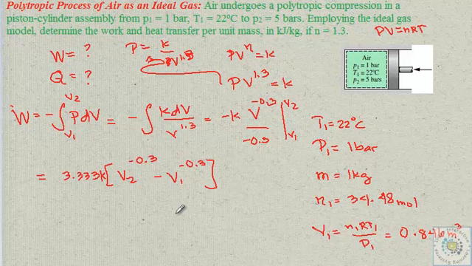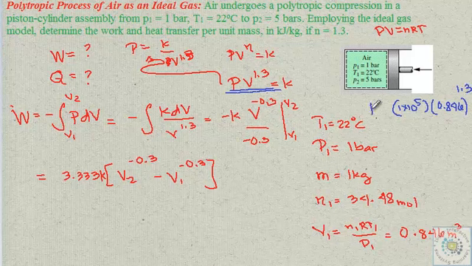What is K? K is equal to P1 V1 to the 1.3. P1 is 100,000, or 1 times 10 to the 5 Pascal, and V1 is 0.846, raised to the 1.3.